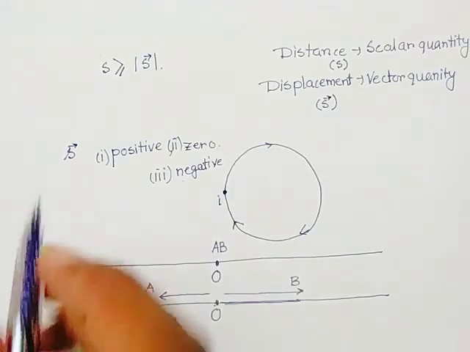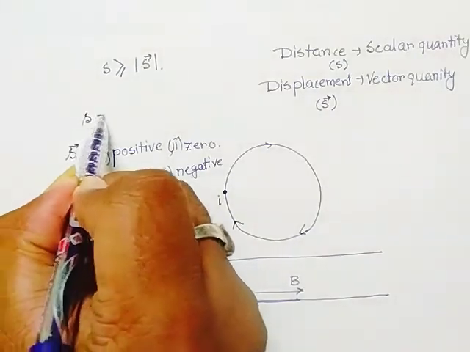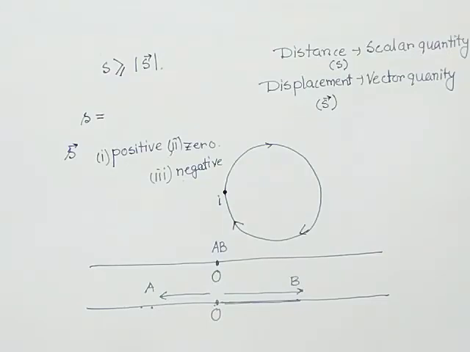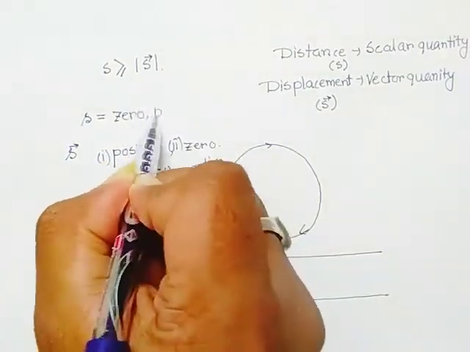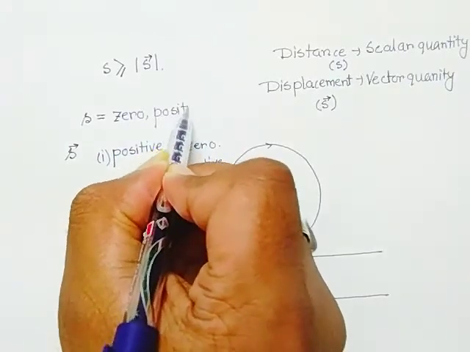But what about this s? The s is either 0 or positive. It can't be negative.